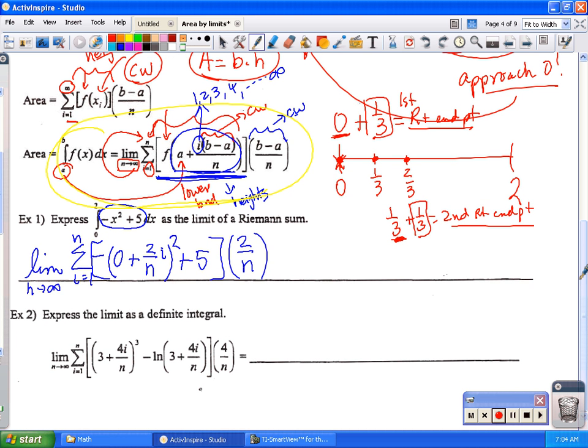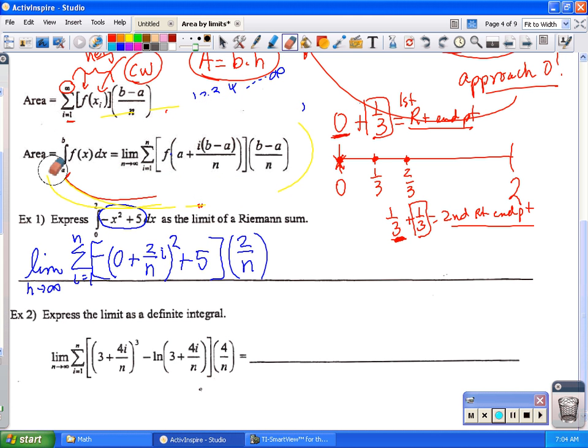All right, number 2. Now we're going to decompose a limit statement into a definite integral. So I'm still going to use the model that I have above. I'm going to erase some of that stuff. Let's make the eraser big so you can see the model a little bit better.